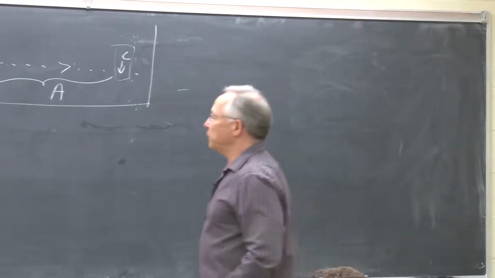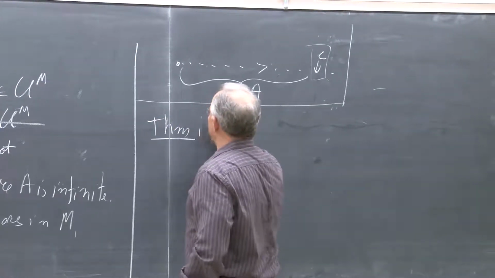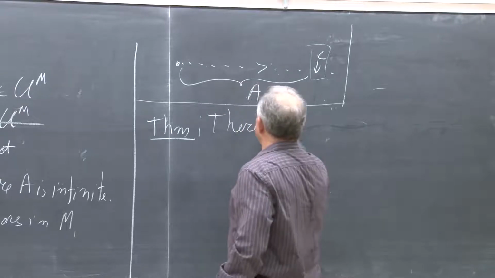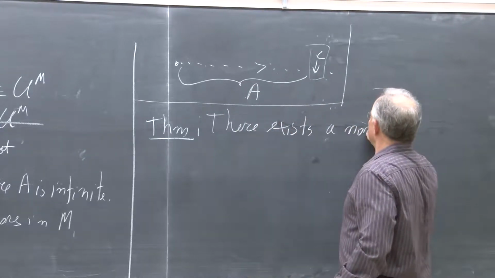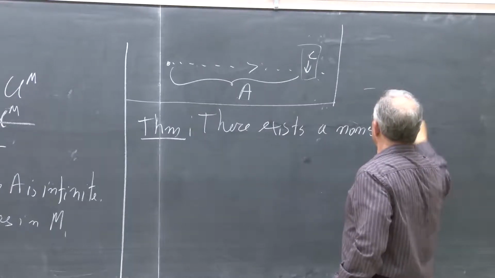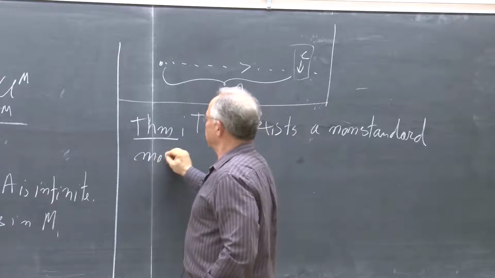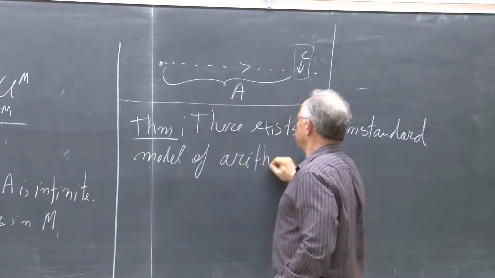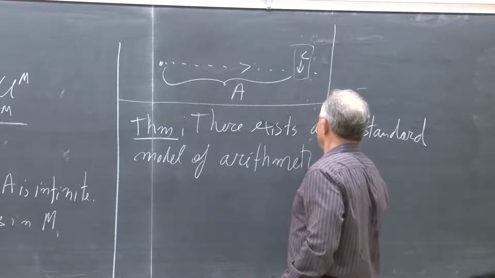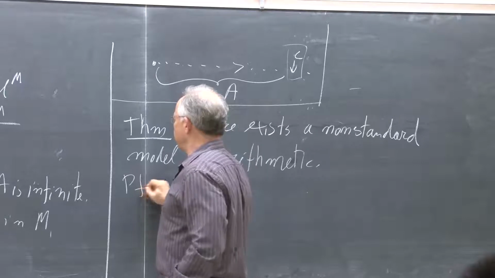Okay, so we want to show that we have a theorem here that says there exists a non-standard model of arithmetic, and the proof is by the compactness theorem.